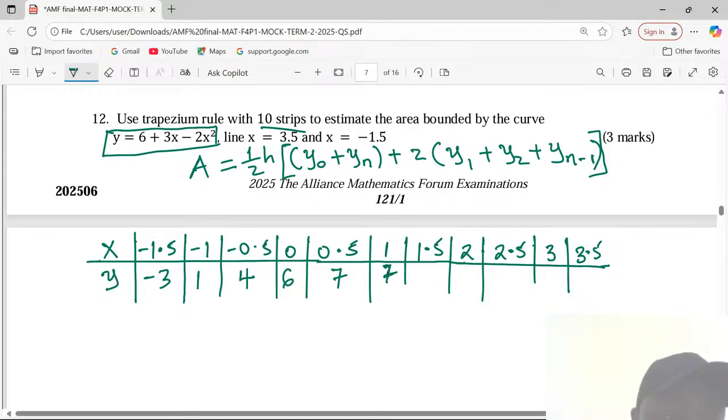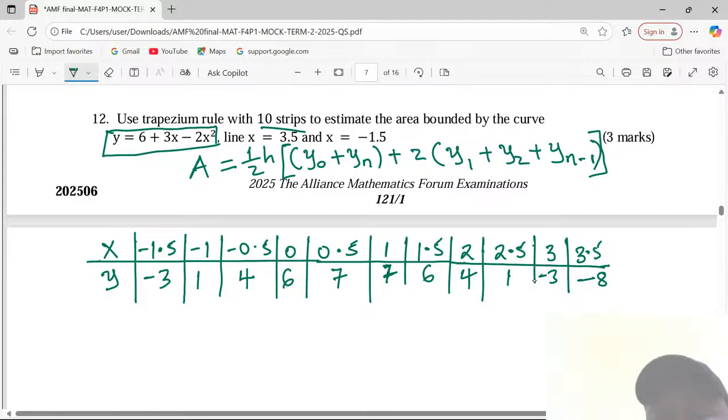At 1, we get 7 again. 6 plus 3, then minus 2. Yeah, it becomes 7. Very true. So at 1, we also get 7, just like at half. Then at 1.5, we get 6. At positive 2, we get 4. At 2.5, we get 1. At positive 3, we get negative 3. At positive 3.5, we get negative 8.